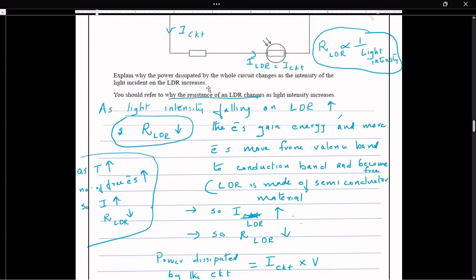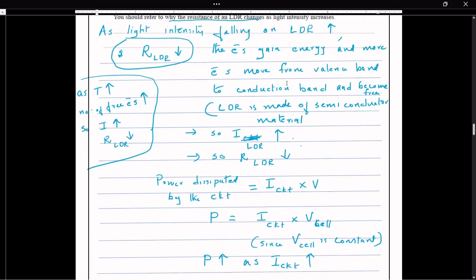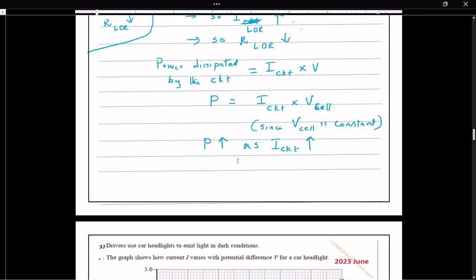You have to explain why the power dissipated by the whole circuit changes. The power dissipated by the whole circuit changes because the current through the whole circuit is increasing. Accordingly, the power dissipated is also increasing. Here V of the cell is constant. Therefore, power and I circuit increase the same way. When the circuit current increases, the power is also increasing.